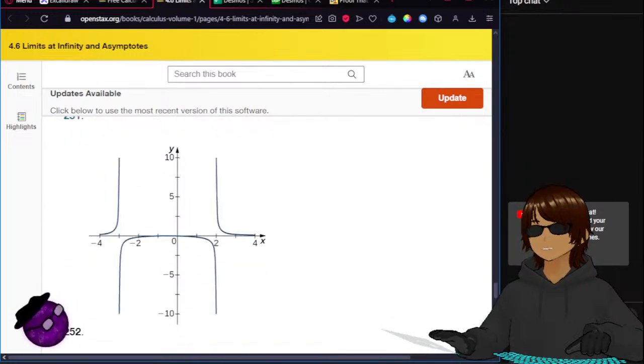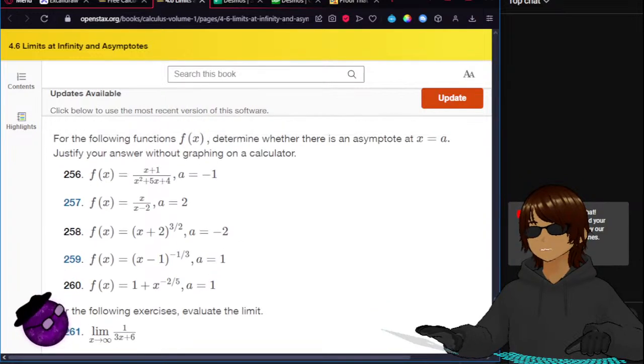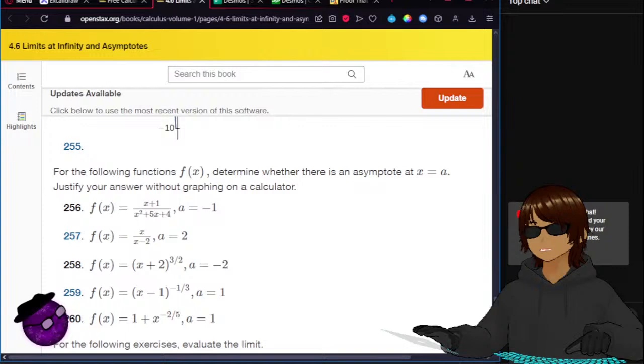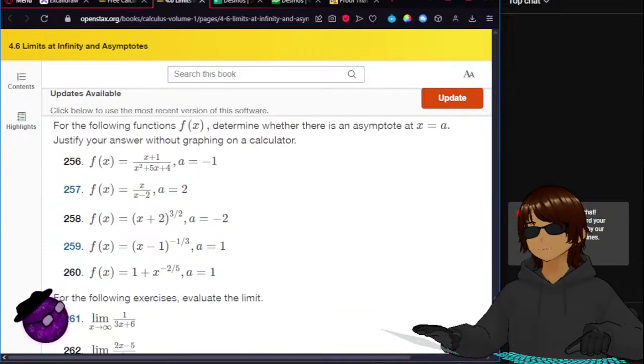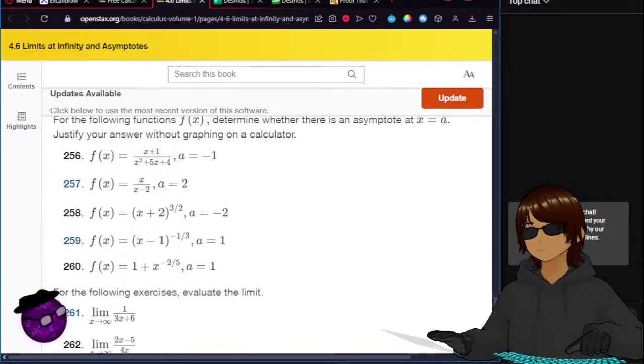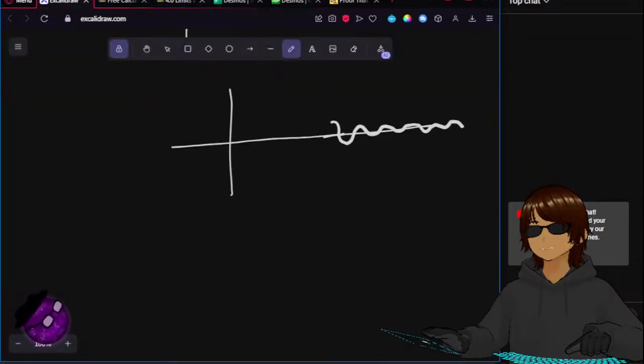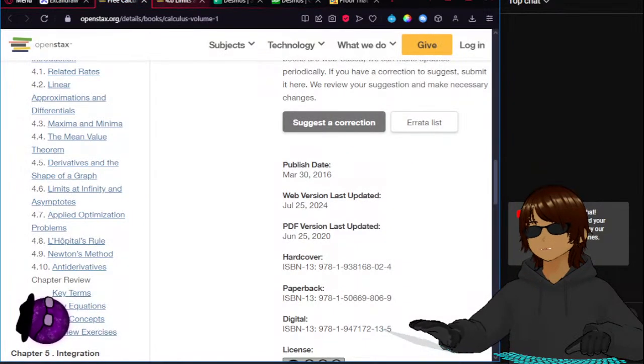Identify where the vertical asymptotes are. Let's see. For the following functions, determine whether there is an asymptote at x is equal to a. Justify your answer. Yes, because 2 minus 2 would be 0. 1 over 3. I think over here it's a yes, because you can write it like, what is this?